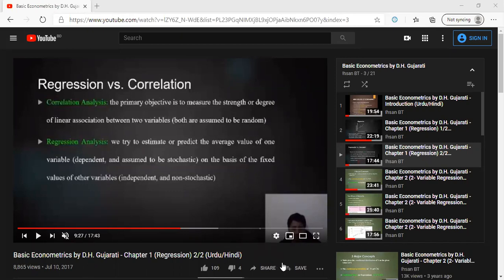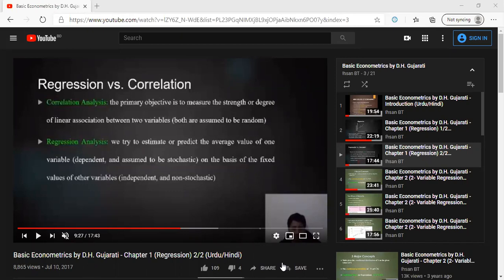But correlation does not say which one is independent, which one is dependent. The major difference: correlation just says these two variables are either going in the same direction or in the opposite direction, linearly speaking.